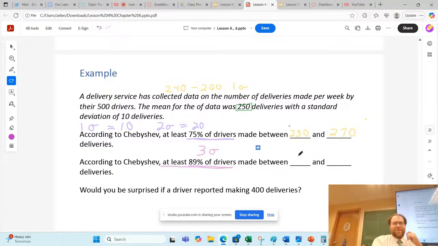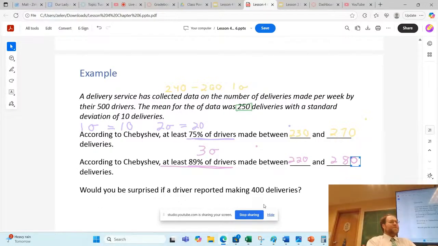So 220 and 280. Then the idea: would you be surprised if a driver reported making 400 deliveries? Yes. That's significantly away from where it would be expected to be.